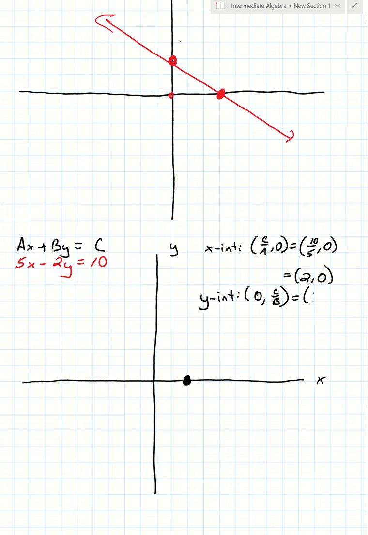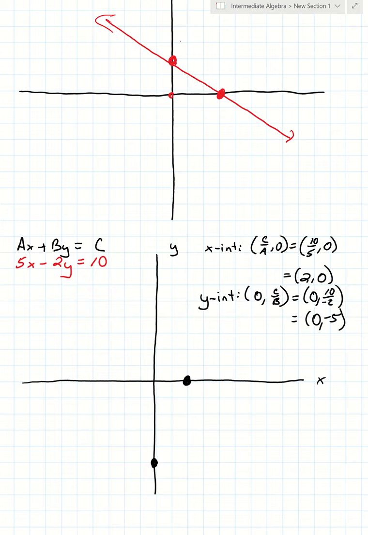Plugging in our numbers, c is still 10, b is a negative 2, so we would have a y-intercept at (0, negative 5). Well, let's plot that point, and that would be over here. So we have our x-intercept, we have our y-intercept. Now let's connect the dots.